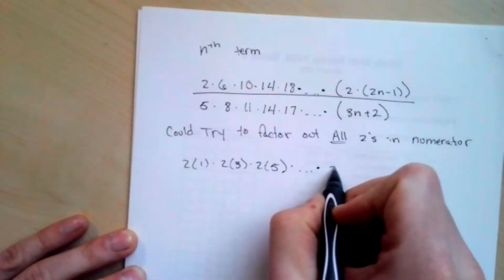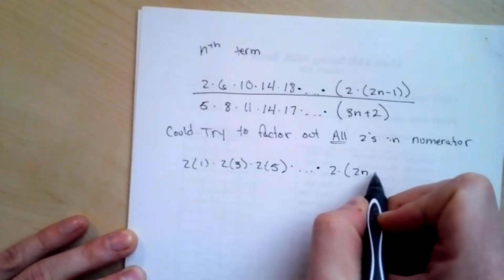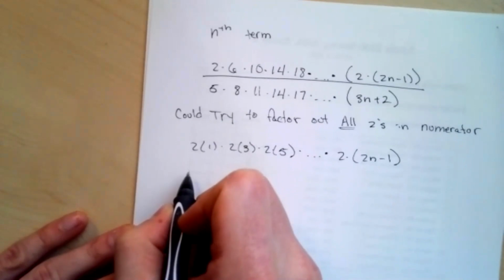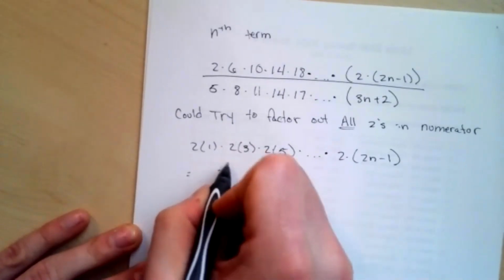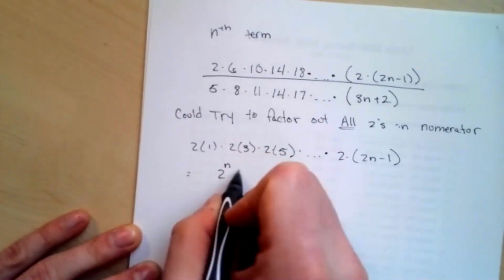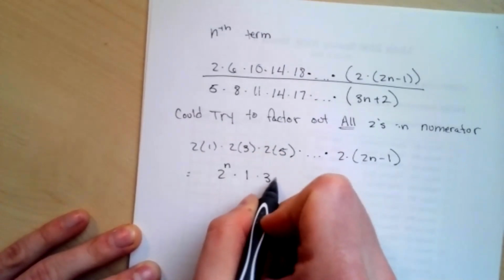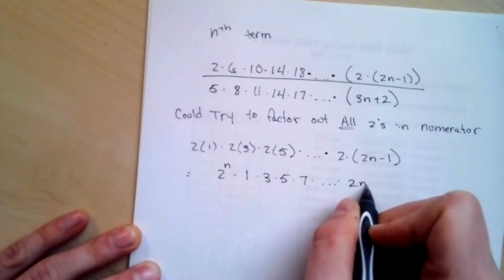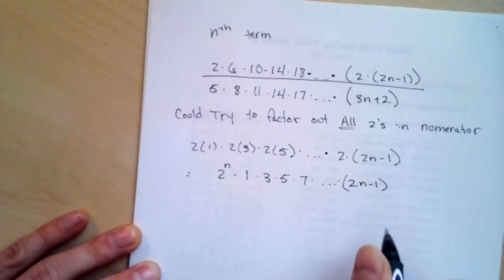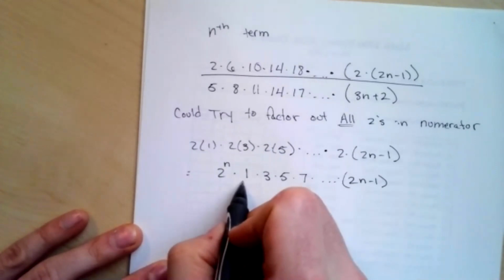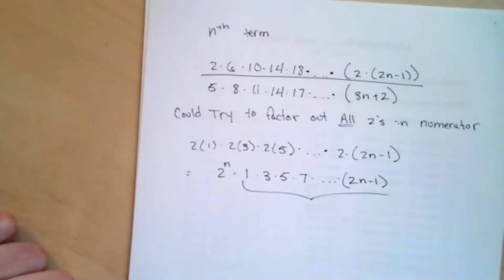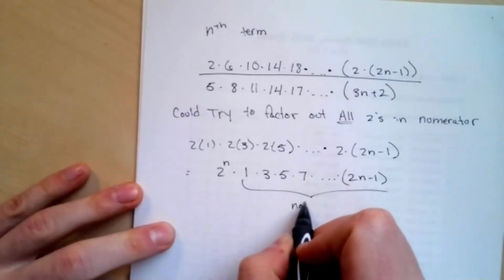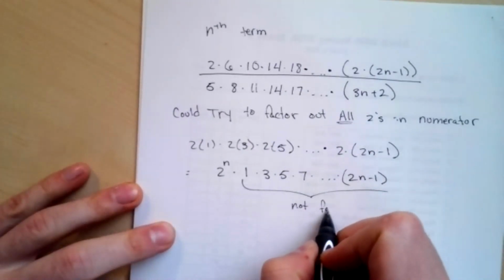When it would go all the way up 2 times 2 to the n minus 1, 2n minus 1, which we could simplify as 2 to the n times 1 times 3 times 5 times 7 times... but the result, not a factorial.